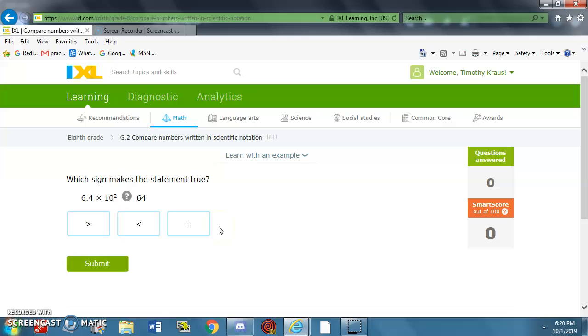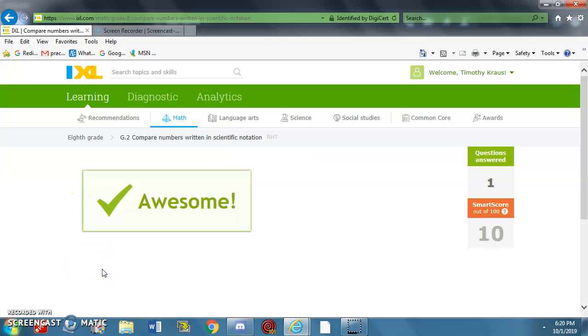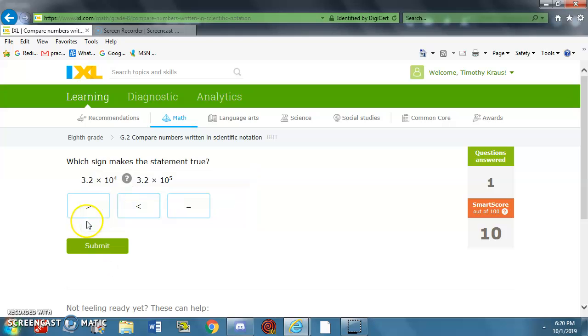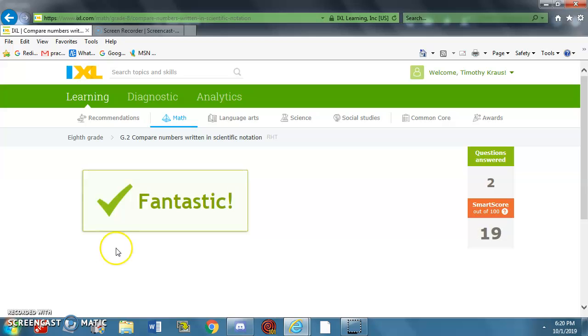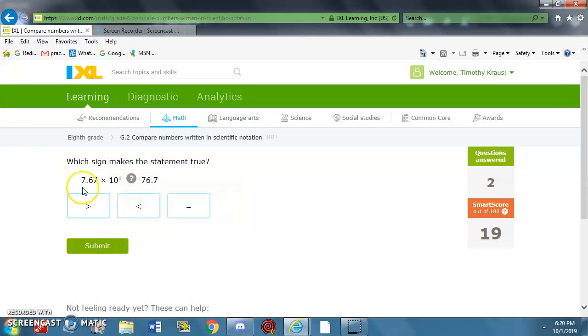But who cares? 6.4 times 10 to the second power, or 64. 1, 2. This is greater, because it's actually 640. This, or this. Obviously, this. Come on, you just have to look at this. It has more. Okay.